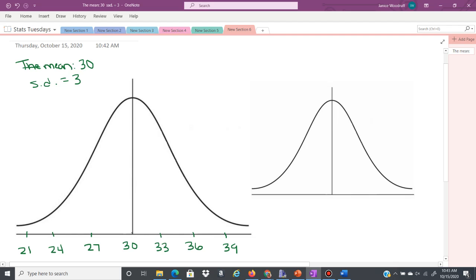So when I go from this middle point here over here, this is plus 3. One standard deviation is 3 values. Okay, and same thing here, I do minus 3.